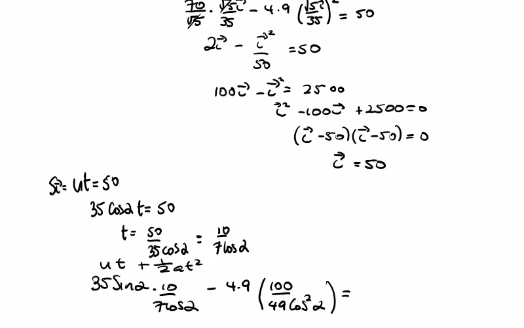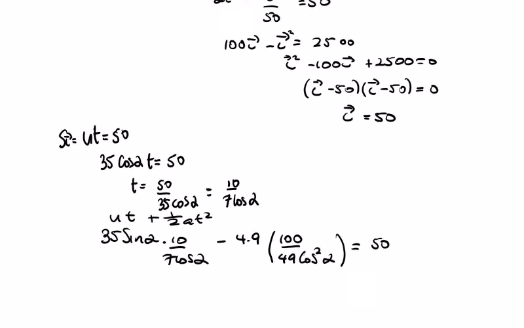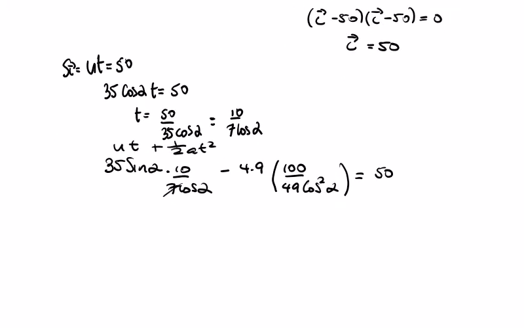And that's going to be equal to 50. So what's this going to give me? 7 into 35 is 5, so that's going to be 5 tens, and sine over cos is tan, so we're going to get 50 tan alpha.